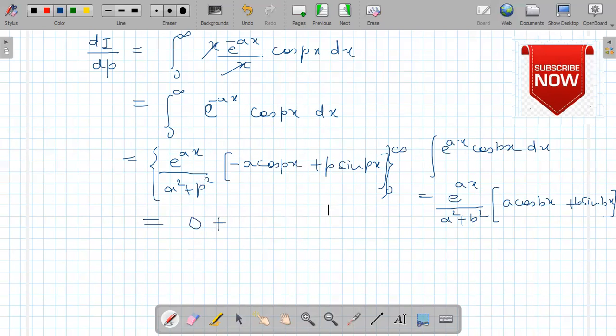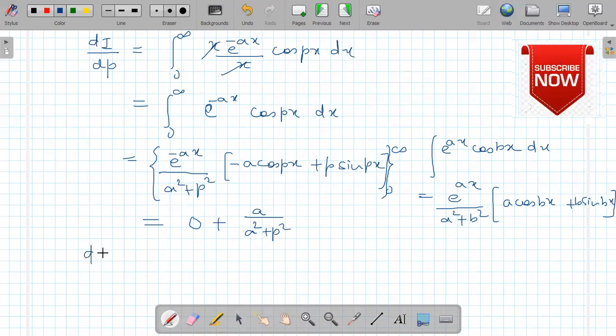And at lower limit we have this equal to 1, and here we have a square plus p square, 1 upon, and this is because of this negative sign, and we have negative sign for lower limit, so we have a upon a square plus p square. So this is the value of dI by dp.